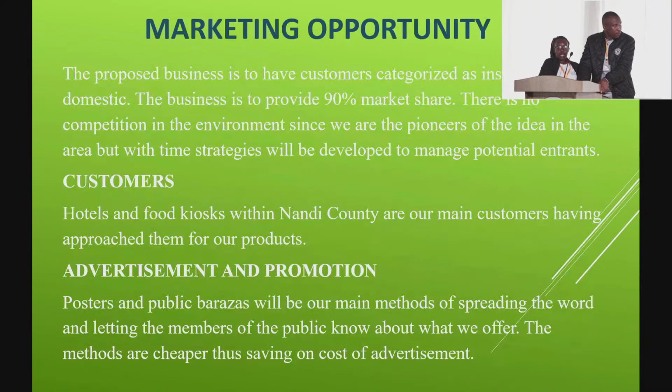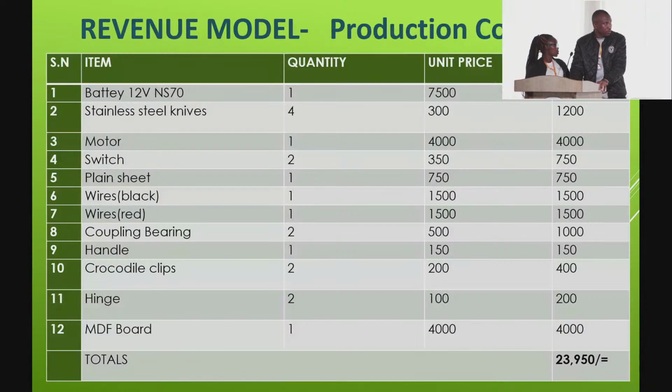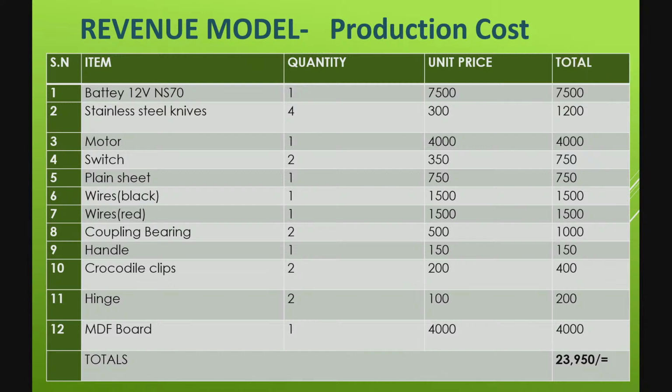We are targeting majorly women in business, both women and men in business, institutions, and even hotels. Our revenue model for now is the institution. We are seeking sponsors so that we can produce in mass.